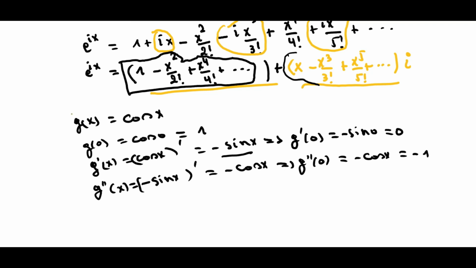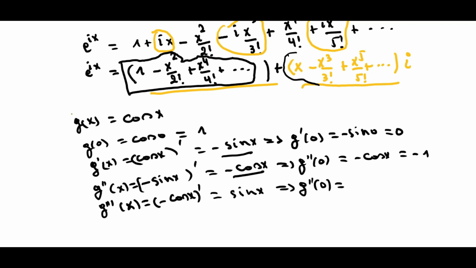And the third derivative g'''(x) will be equal to the derivative of minus cosine x, which is sine x, which implies that g'''(0) will be equal to sine of 0, which is equal to 0.